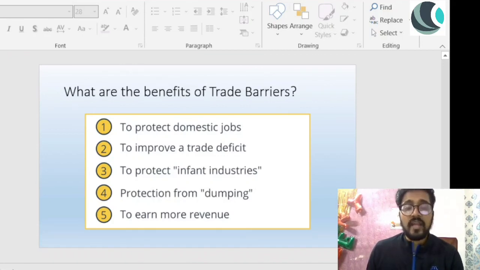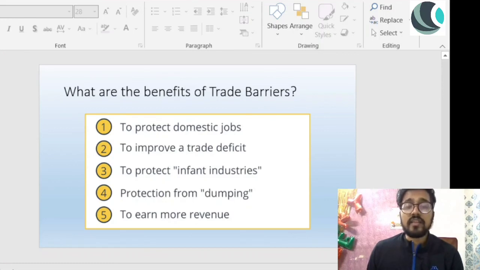Next up is to protect infant industries. I was giving an example of startups. Startups are being incentivized by subsidies provided by the government, to make sure they are given enough time and enough money to grow.